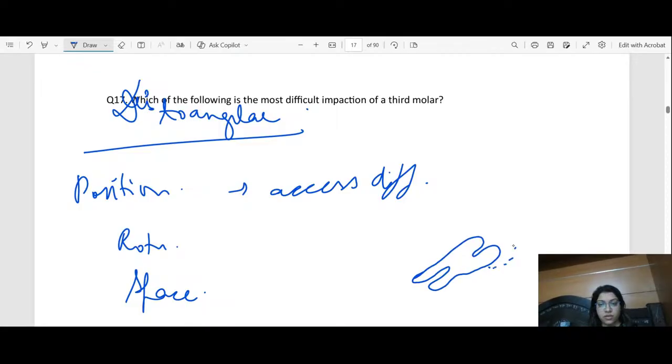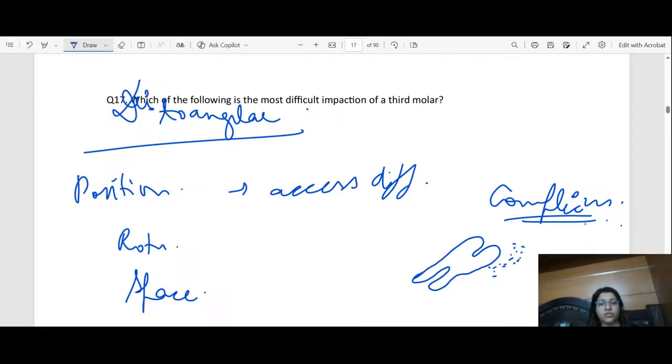Very little space will be there for the application of the elevator. It may try to rotate back to the distoangular position. Okay, and more chances of developing complications are also there in case of distoangular impaction.